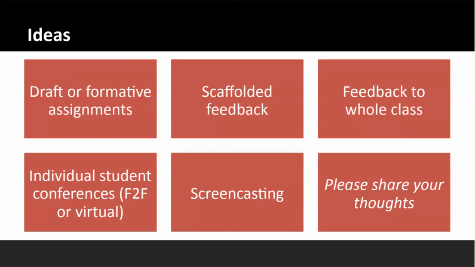And so you're scaffolding the feedback. You'll start with lower cognitive load assignments and then scaffold to more complex cognitive assignments after that, and you'll scaffold your feedback as well. And you can give feedback to individual students or the whole class.